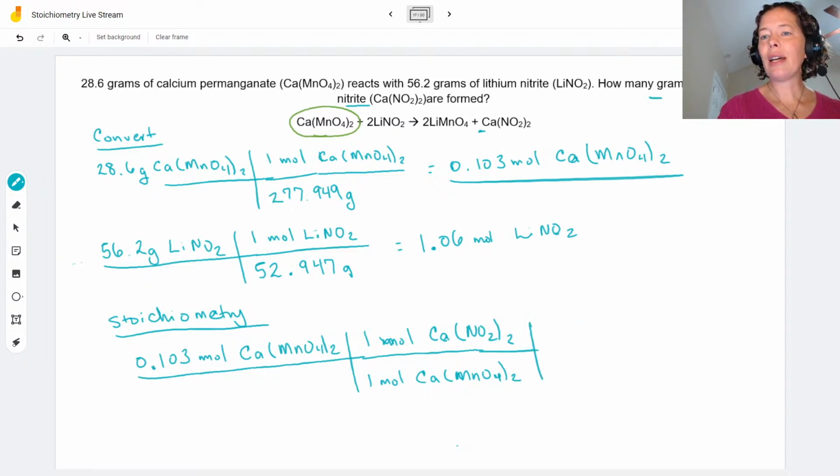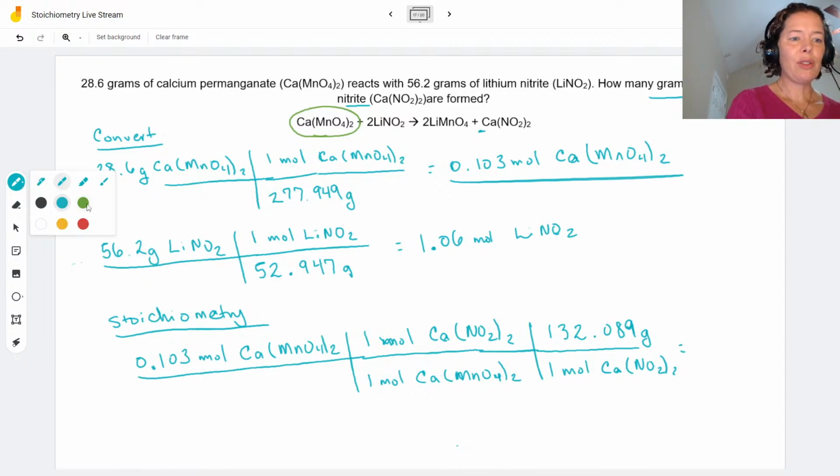And because it asked me for grams, I have one more conversion factor, and that is the molar mass of calcium nitrite, and that is 132.089 grams per mole.